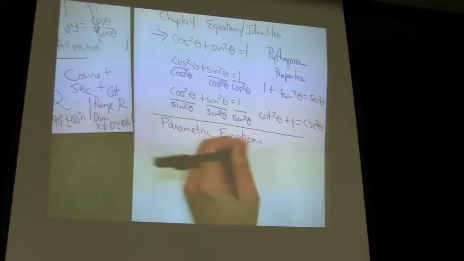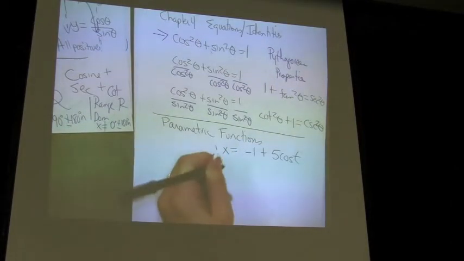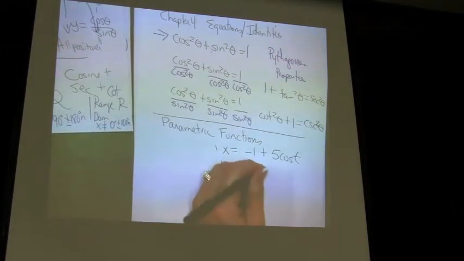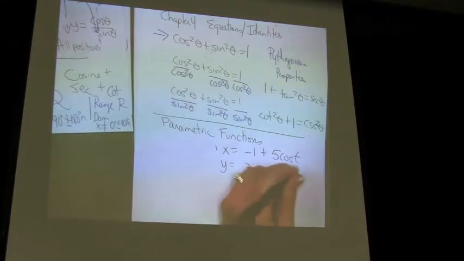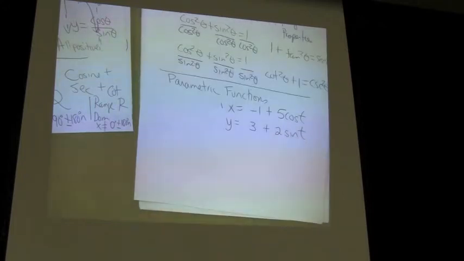X equals -1 plus 5 cosine t, and y equals 3 plus 2 sine t. And we just said, put your calculator in parametric mode and graph it. And you all oohed and awed because you saw you were graphing what conic? An ellipse. An ellipse. Okay?